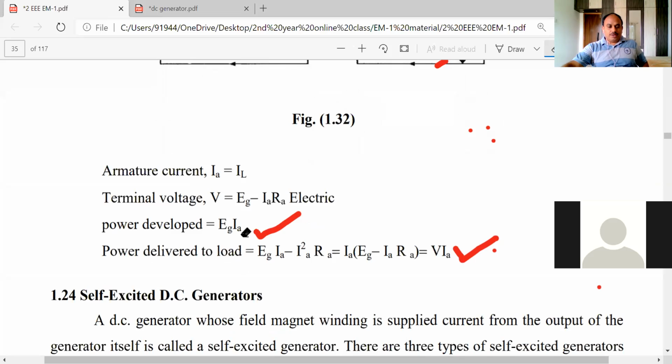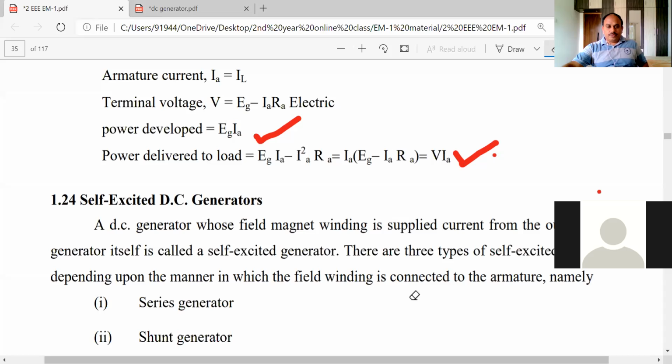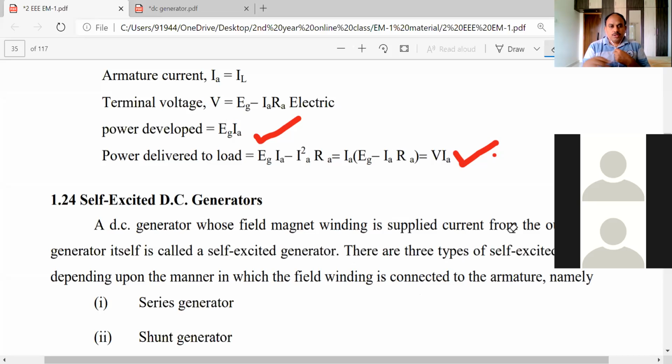Power generated is the generated voltage Eg into current Ia. Okay. Formula for power delivered to load? V into Ia, sir. Okay.